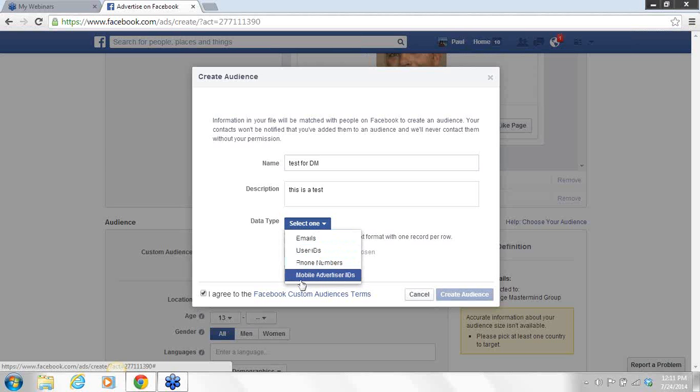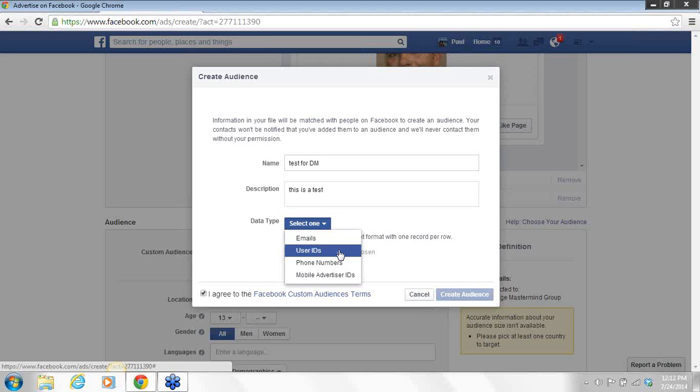Now, I have seen it in the past where a lot of people will stumble and stall and delay and waste time because they want to have the user ID. They've got a list of 500 email addresses, but they want to get the user ID so they can target those people. You don't have to do that.